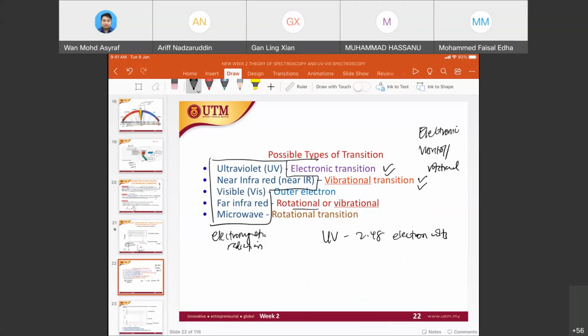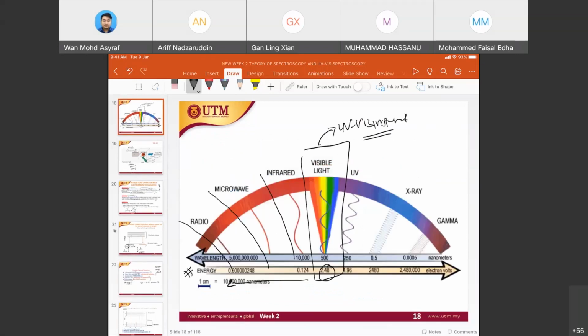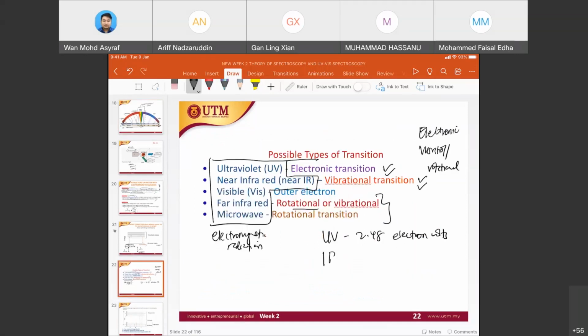But for rotational or vibrational transitions, for IR, it is about 0.124 electron volts.